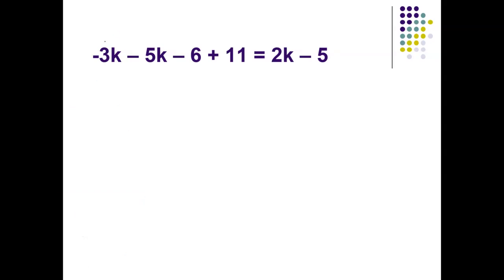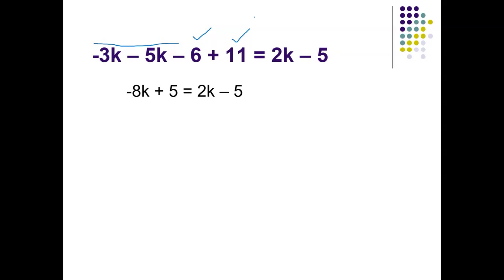So here I have negative 3k and negative 5k, which are like, and I have negative 6 and positive 11, those are like. So I'm going to combine them, and I will get negative 8k plus 5. Negative 3k minus 5k will give me negative 8k. Negative 6 plus 11 will be 5. That equals 2k minus 5.